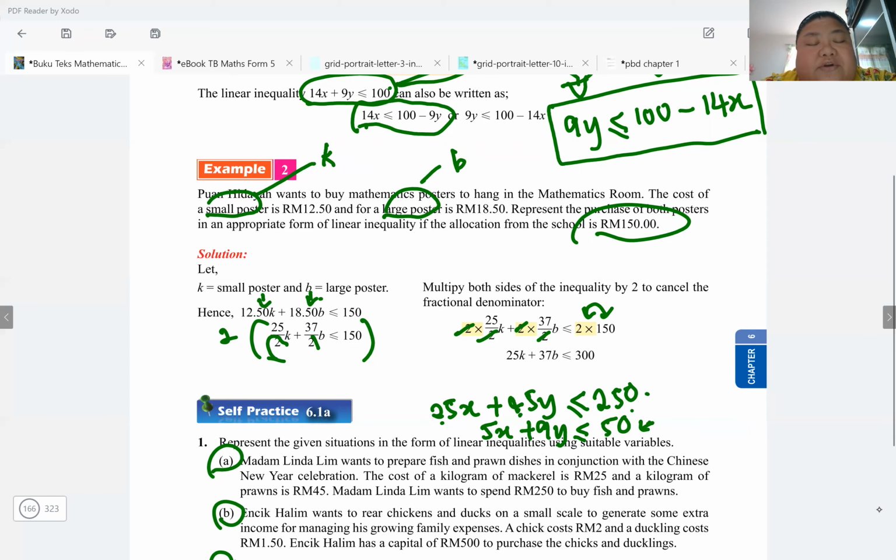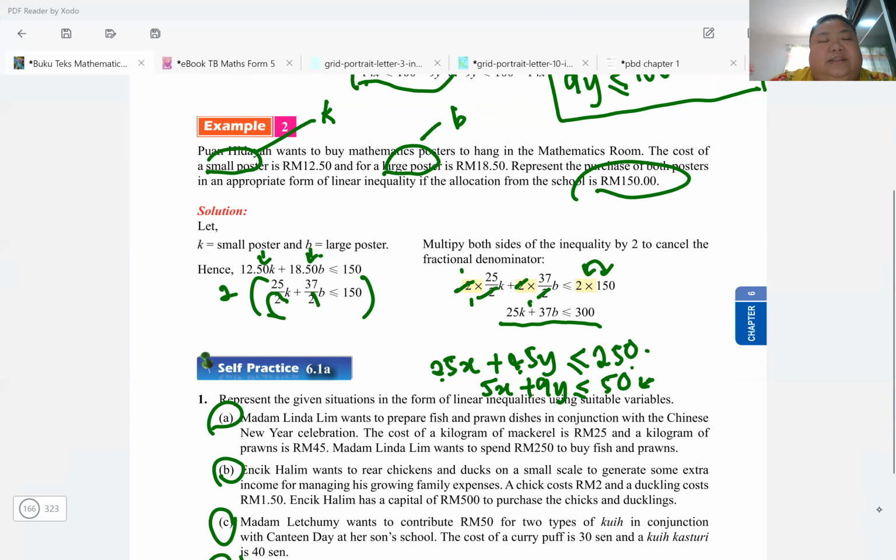So to get rid of it, you have to multiply all the inequality by 2. So 2 times 25 over 2 gives 25, and 2 times 37 over 2 gives 37. And don't forget on the right hand side, you have 2 times 150, so you get 300. So this is the inequality that you get.